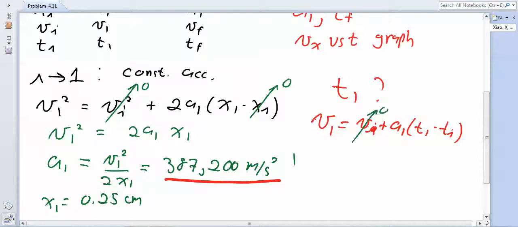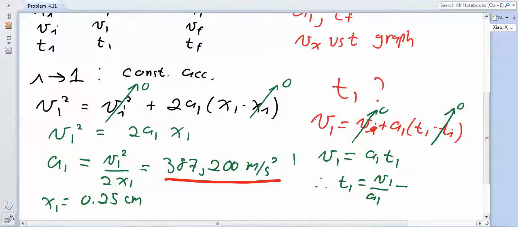The initial velocity is equal to 0, and the initial time is equal to 0. So we would get v1 equals a1 t1, or t1 equals v1 over a1. And if we do that on the calculator, we get 1.14 times 10 to the minus 4 seconds.